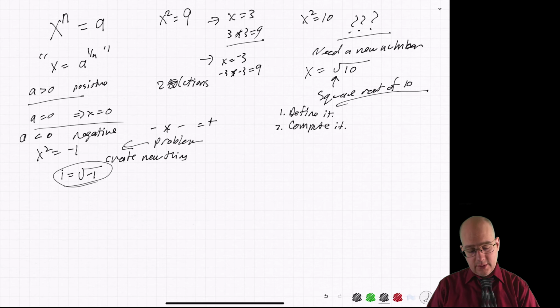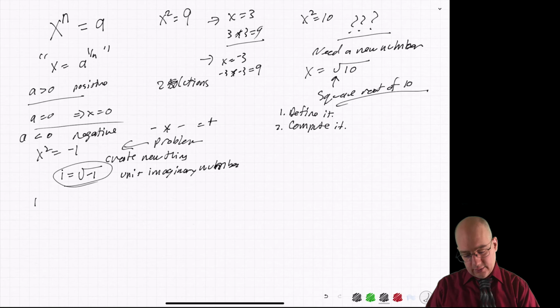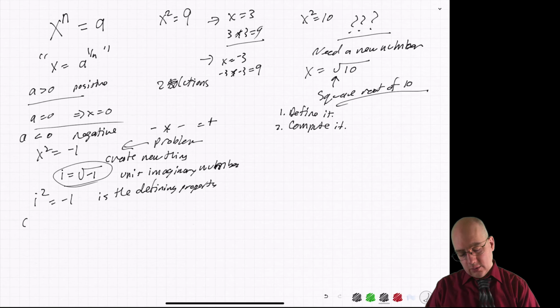So that's the unit imaginary number. And i squared equals minus 1 is the defining property. Notice that minus i squared is equal to minus 1 squared times i squared.